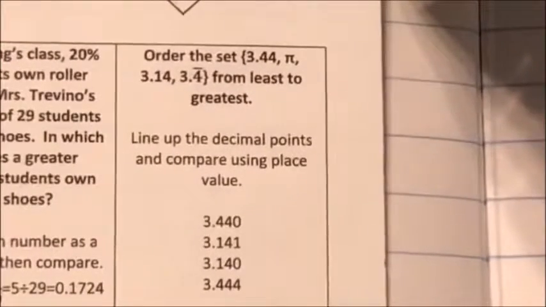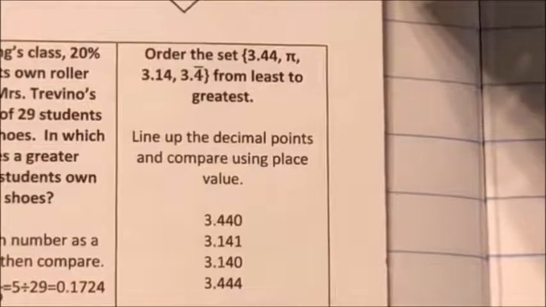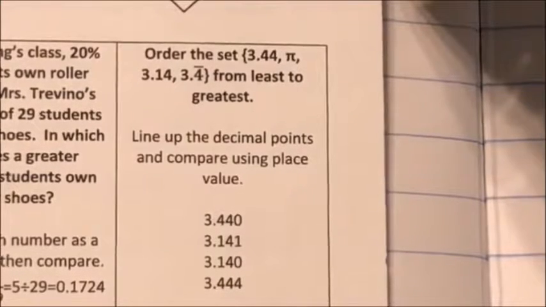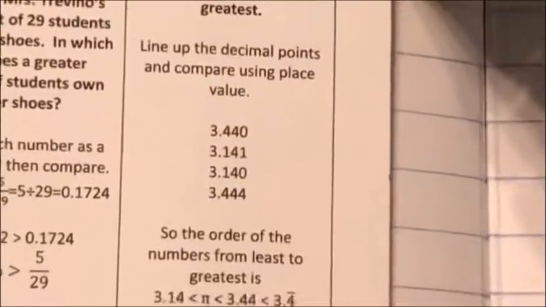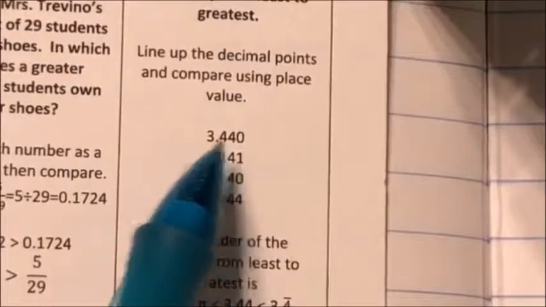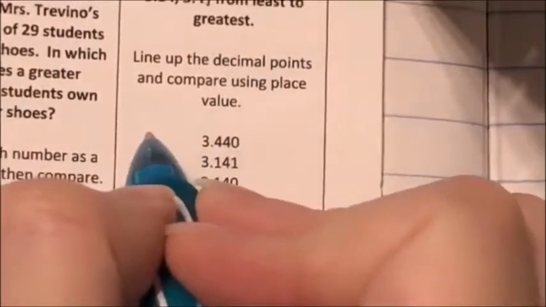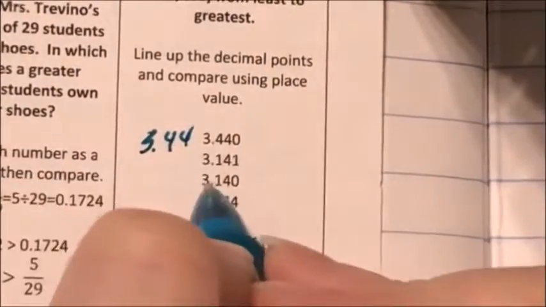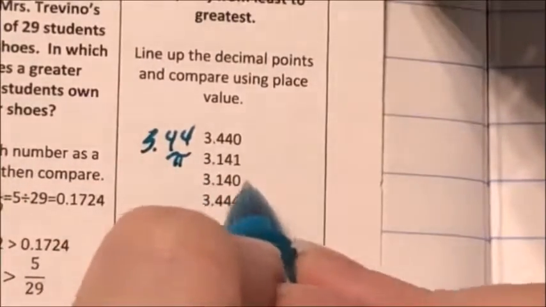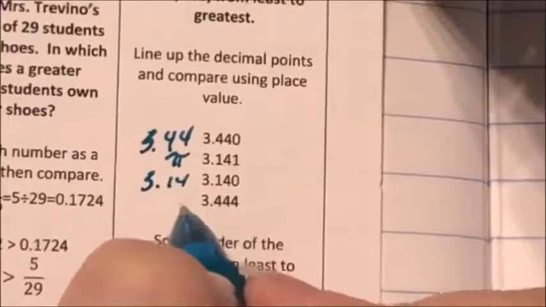The next thing I want to do is order the set 3.44, pi, 3.14, and 3.4 repeating from least to greatest. So I'm going to line up the decimal points and compare using place value. This was originally 3.44. This was pi. This is 3.14.